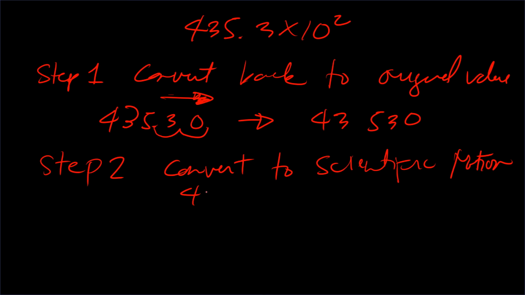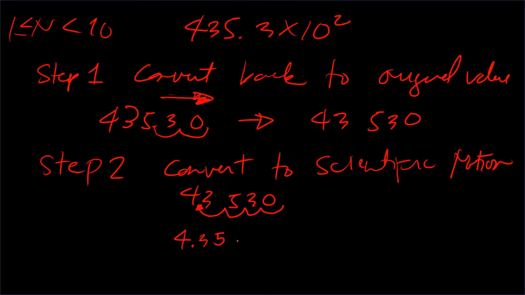From 43530, we said that our n must be greater than or equal to 1 but less than 10. So from this point, we move 1, 2, 3, 4 times to the left to get the correct scientific notation expression. So 4.353, because our significant digits go up to this 3.